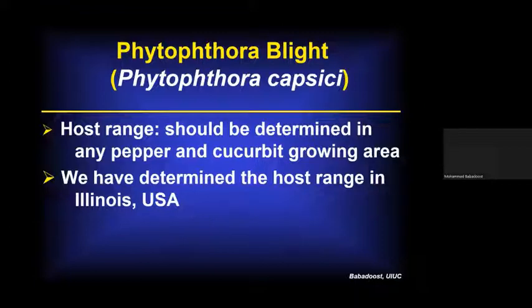For example, we do have this pathogen on tomato, but it is not really very serious. So we have tried to really determine the host range of this pathogen in Illinois to make sure that we know what are the hosts and what are not the hosts.